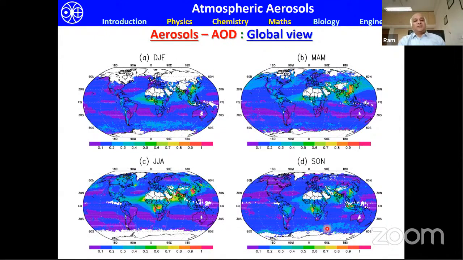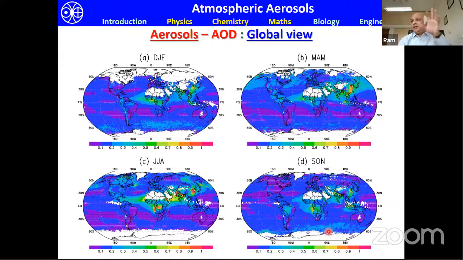The southern oceans, for example, have higher wind speeds, typically greater than 10 to 15 meters per second, which produce a lot of sea salt, and hence sea salt AOD, which you can see in these global maps.